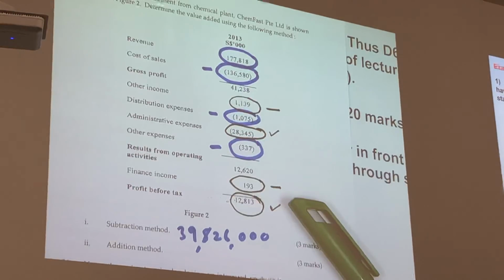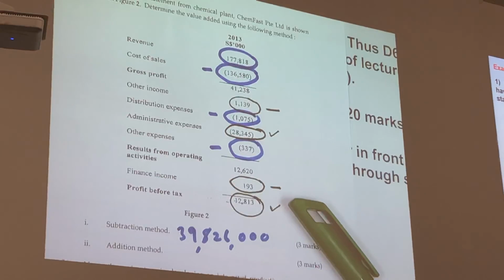But interest paid to the bank is part of your main activities, because you use the wealth to pay off the bank interest. Why do you take the bank loan in the first place?